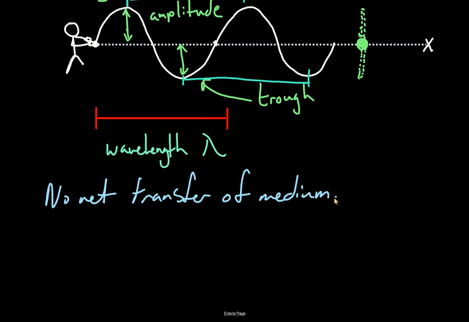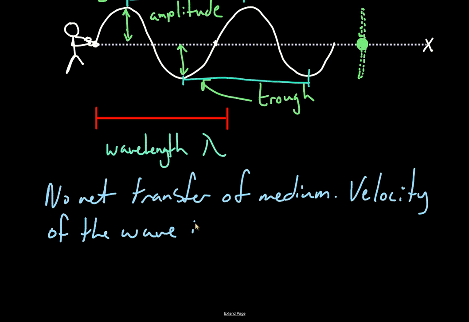And one other thing to note is that the velocity of the wave is dependent on the state of the medium. In other words, waves travel at a set speed for a given medium.